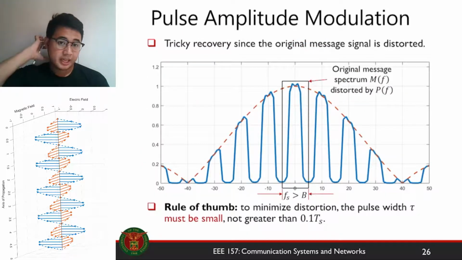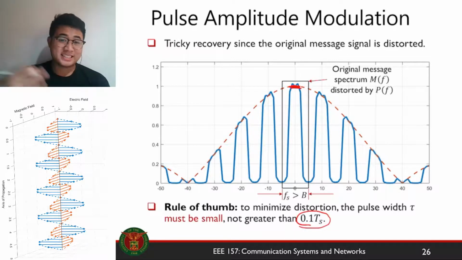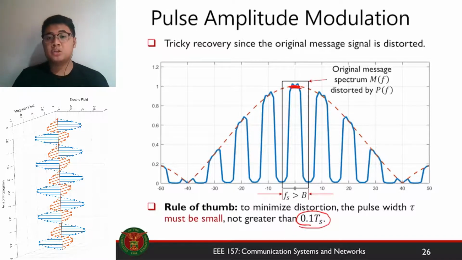The rule of thumb here, if you want to minimize the distortion because of this pulse, is that your pulse width should not be greater than 10% of your sampling period. You can, of course, exceed that if you want to design a system, but you need to use more advanced processing at the receiver so that you will be able to recover your signal without distortion.